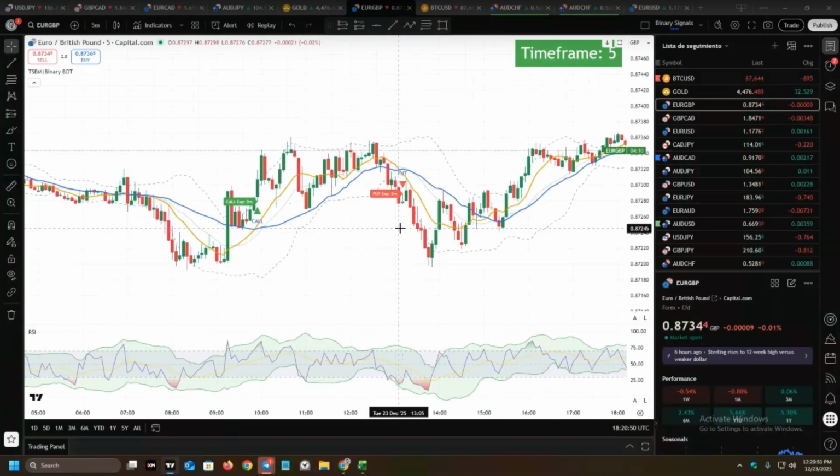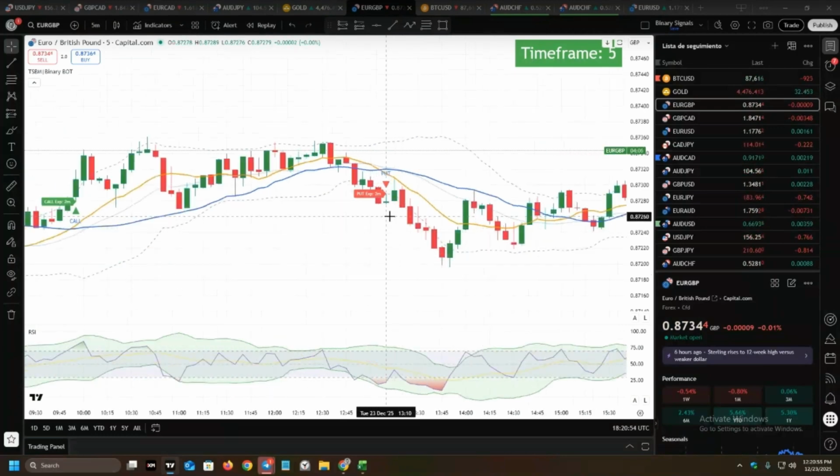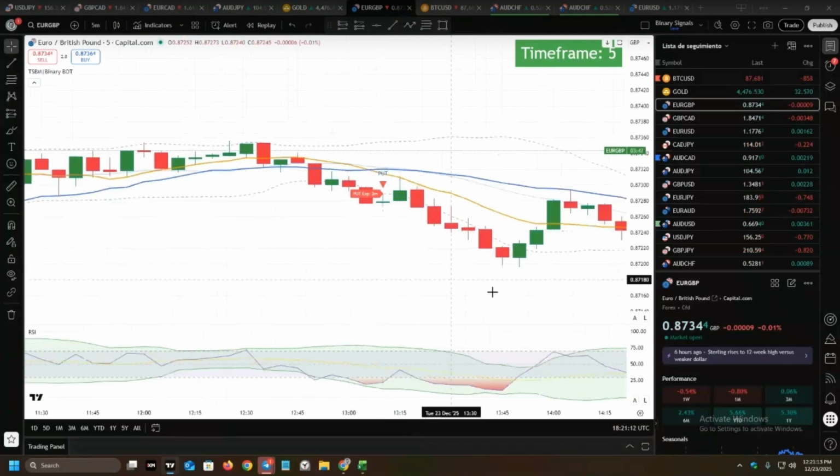The moving averages were crossing good, actually not quite bad. The only thing is that the RSI was coming from below. So the put position was made based on the downtrend or the retraction that this operation was going to have. That's why it put the signal over there.